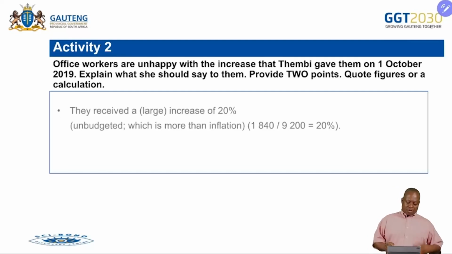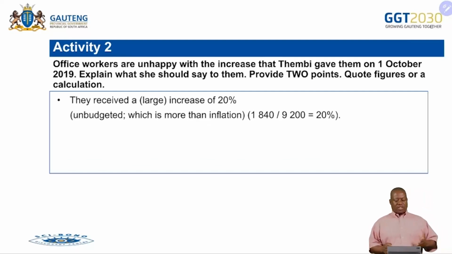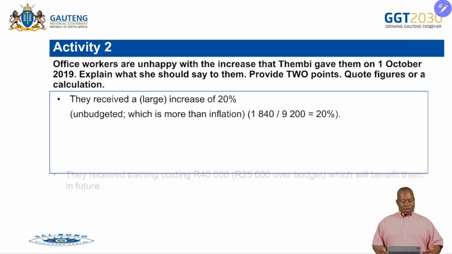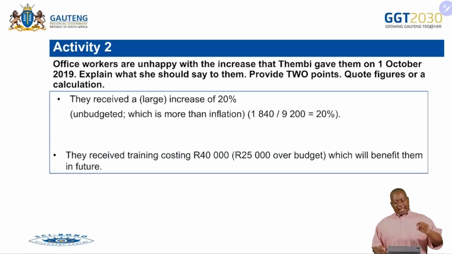So what can be our reasons here? They received an increase of 20%. It's even far more than the inflation rate. So they must be grateful. What else? They received training which cost 40,000, even 25,000 more than they budgeted. This will benefit them in future.